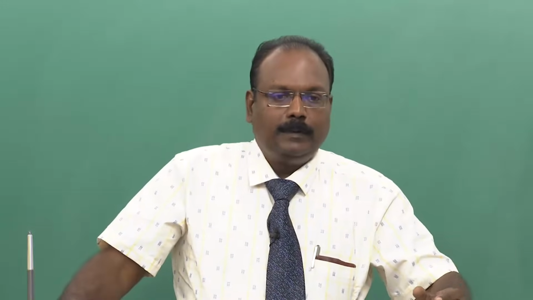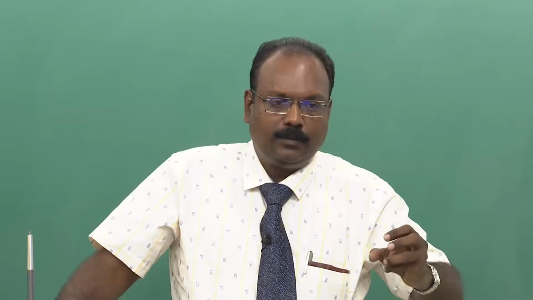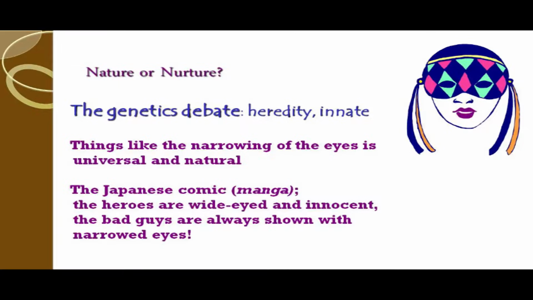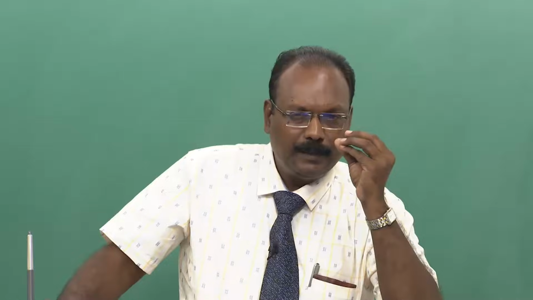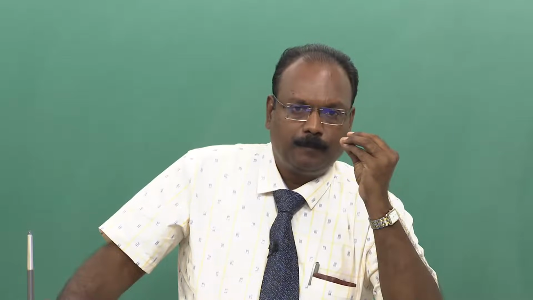So, if you take the genetics debate, there are certain things to prove. For example, things like the narrowing of eyes, okay, is universal and natural. Generally they indicate that people who are cruel, people who want to show power, people who are wicked, cunning, they try to narrow their eyes.